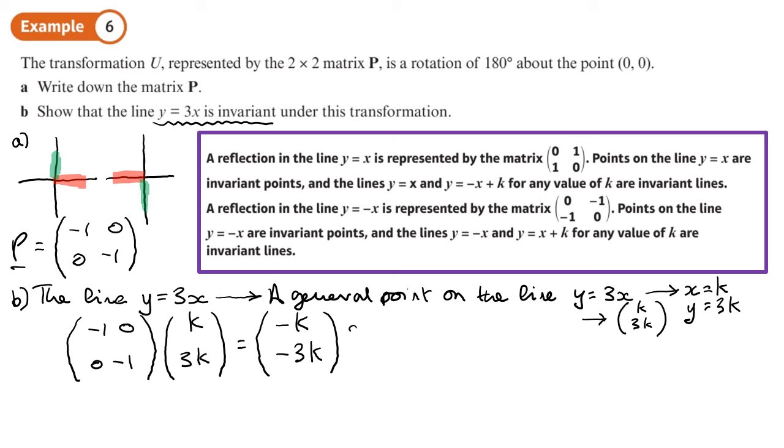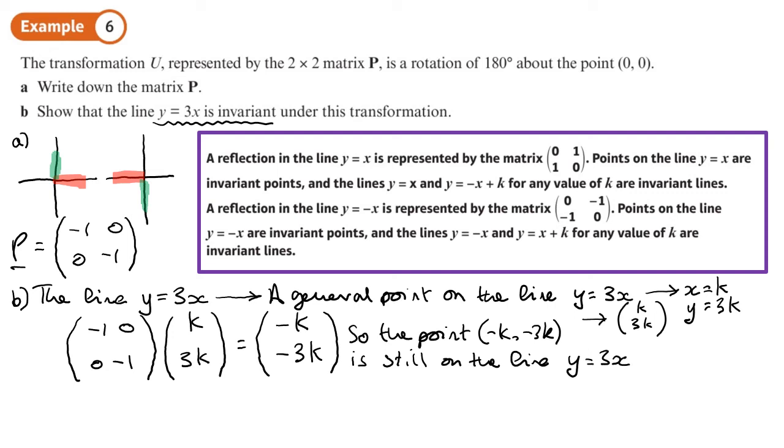Okay, so the point (-k, -3k) is still on the line y equals 3x. Yeah, it works, because if you put (-k, -3k) in there, that equation still works. Yeah, so you could have negative 3k equals 3 times negative k.